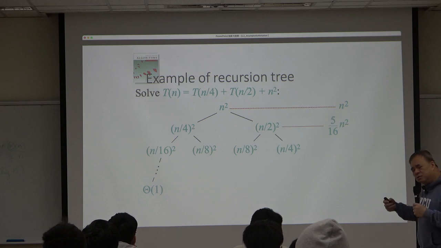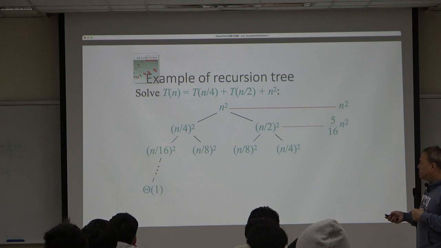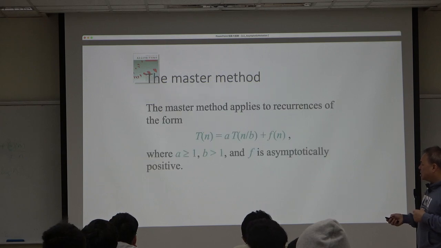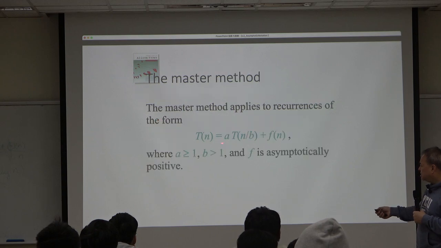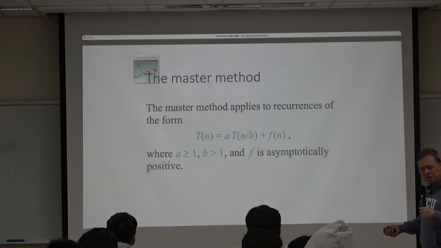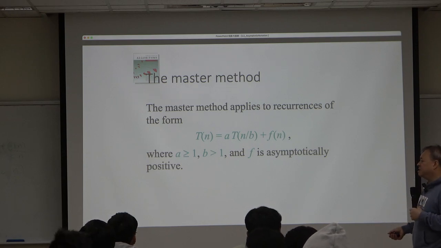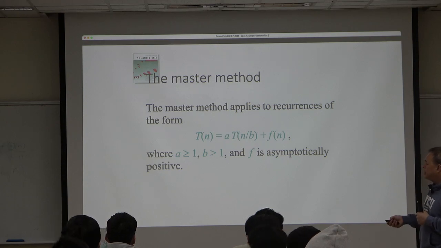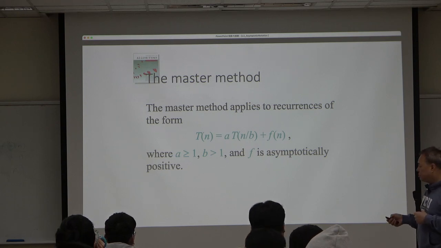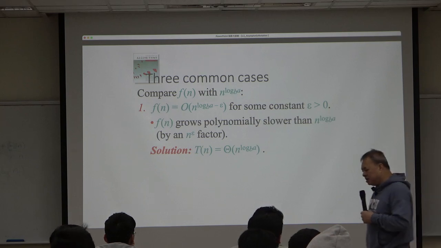There are so many different recurrence relations out there, but as long as it comes from divide and conquer, it should always look like this. This is fortunate because we have a method that can directly solve them.